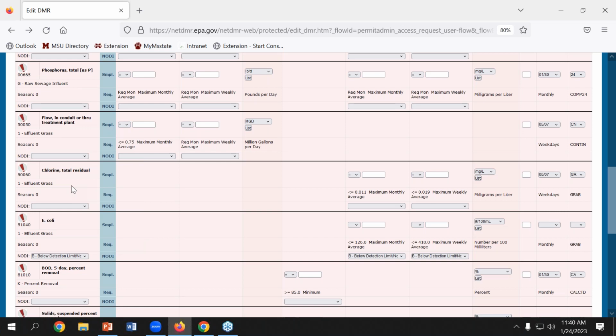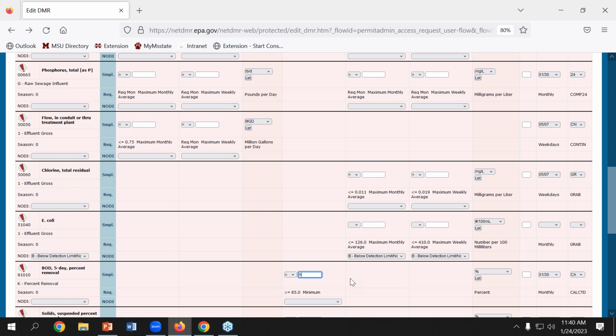Now, our BOD was also a less than 6, but rather than report a NODI on the BOD, we're going to put in a 6 because we've actually got to calculate some loading off of those BODs. So that 6 would be more appropriate in that instance. Okay. So that in a nutshell is what NetDMR looks like.